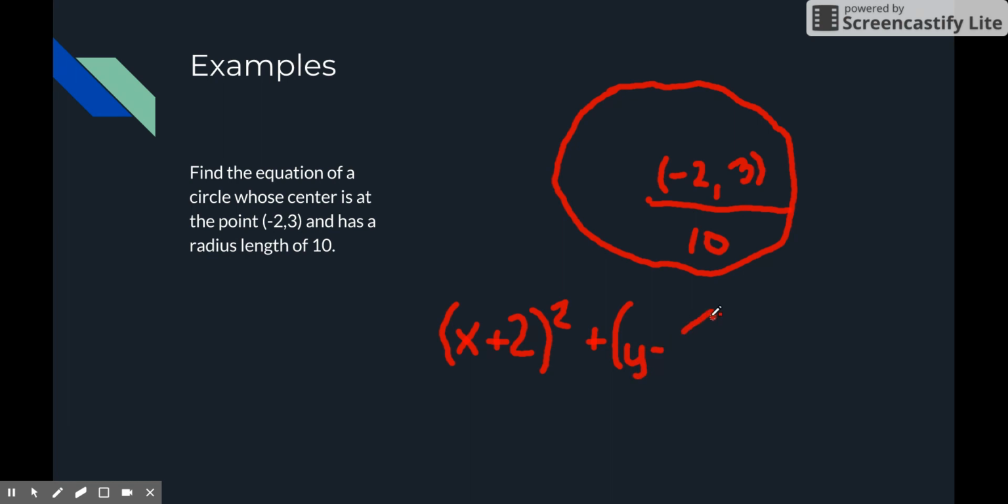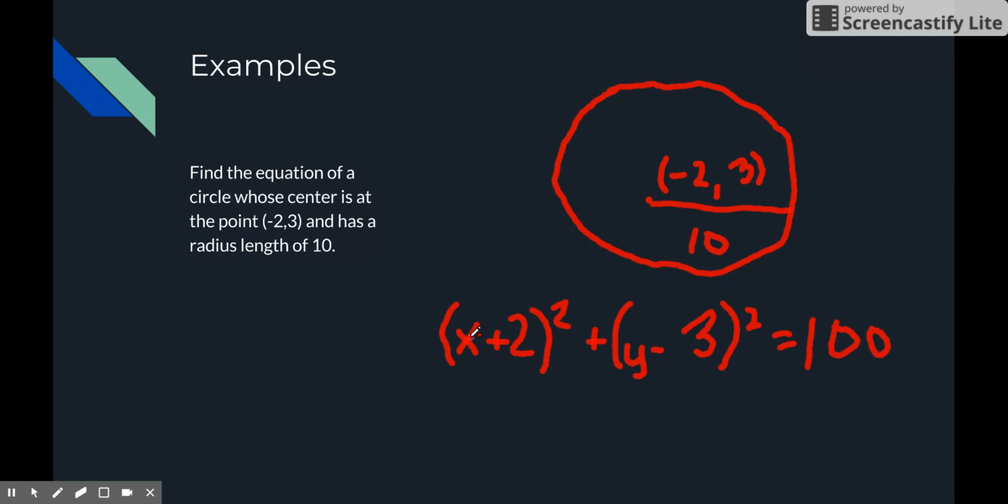And the circle passes through the point (1, 2). So what we're trying to do is find the distance from this point to this point, so we're going to need the distance formula.